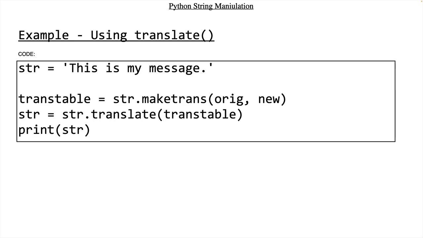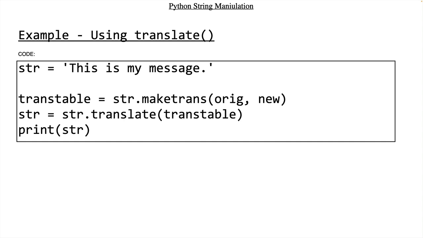So I have a string that says this is my message, and then I'm going to make a translation map or translation table using orig, and translate that into what I'm calling new.